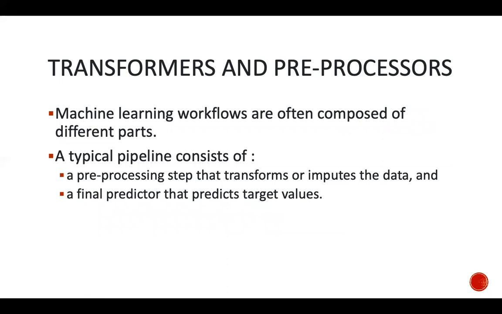What this pipeline does is, once you have input the data into the pipeline, it will automatically first preprocess the data and transform it into some format which is acceptable by the estimator itself, and then it will input the data into the predictor or estimator to predict the final outcome.